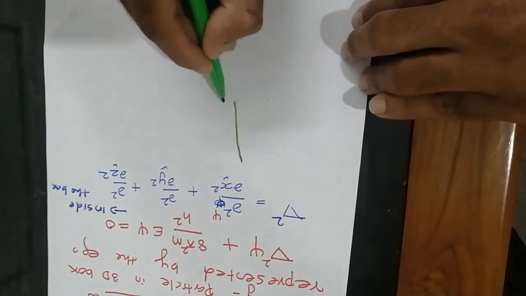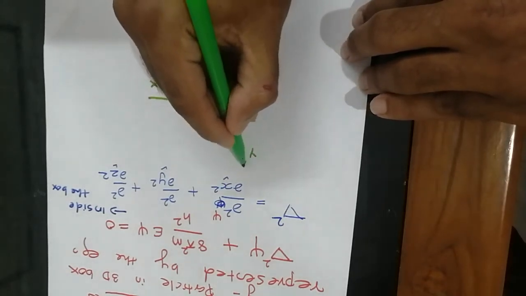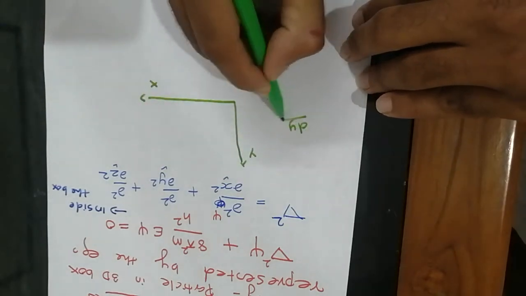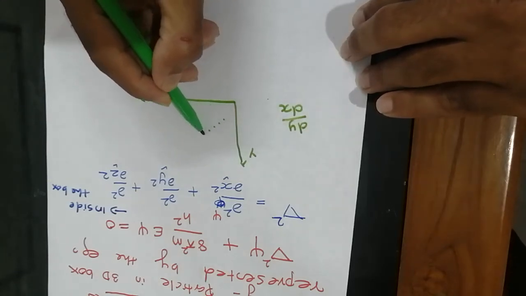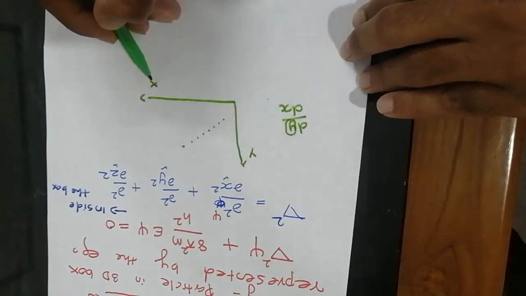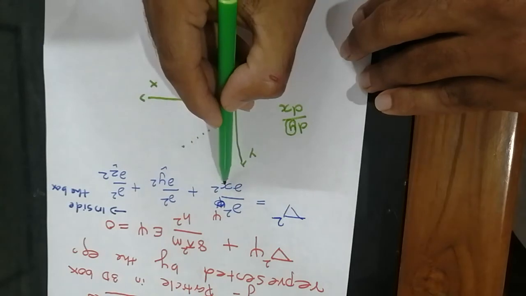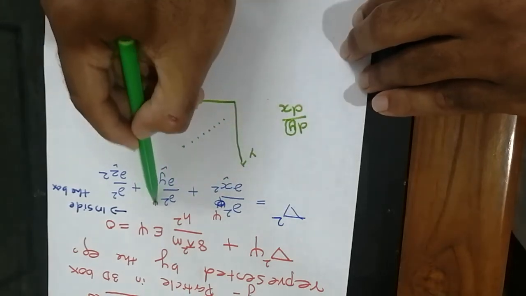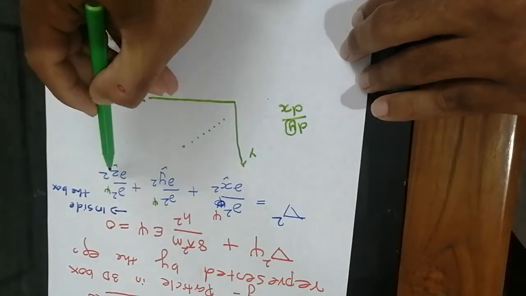Normally in a graph we have an x-axis and y-axis. What is this? It is dy by dx. Y is varying with respect to x, only one variable. But in this case, psi is varying with respect to x, psi is varying with respect to y, and psi is varying with respect to z.